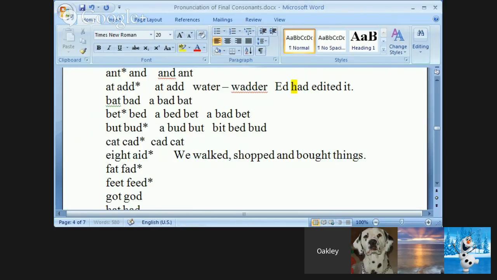Let's try it. Hang on. Okay, try this one. This one's simple. Jose, you go ahead and try this sentence. Yes. We turned and ran.